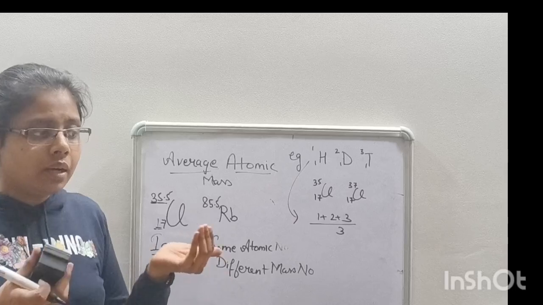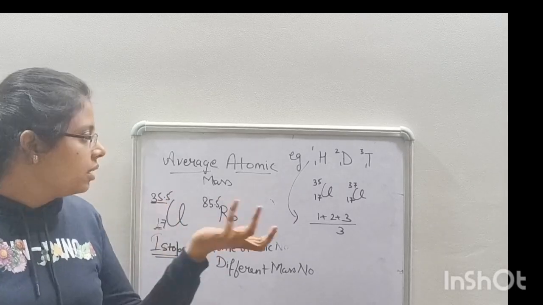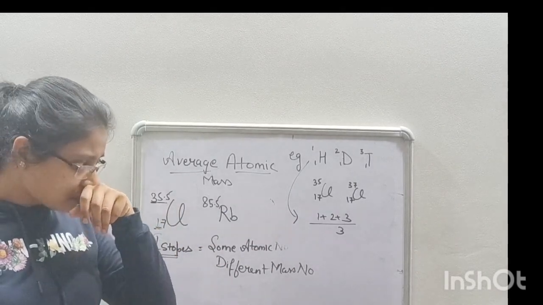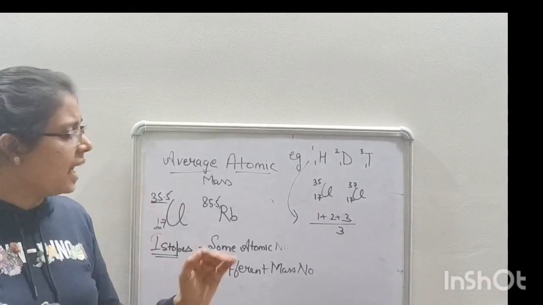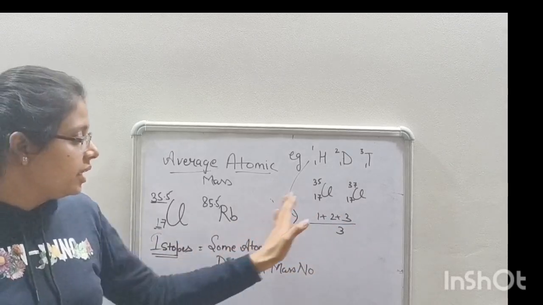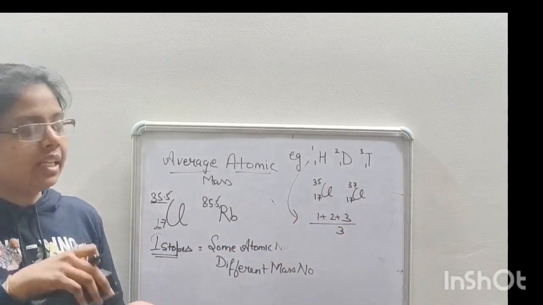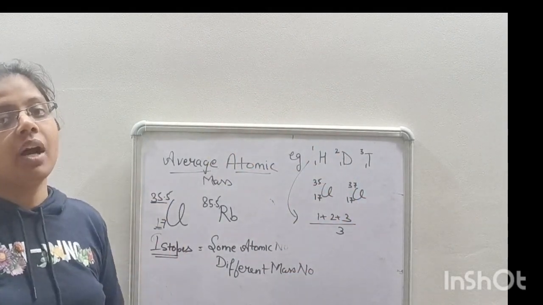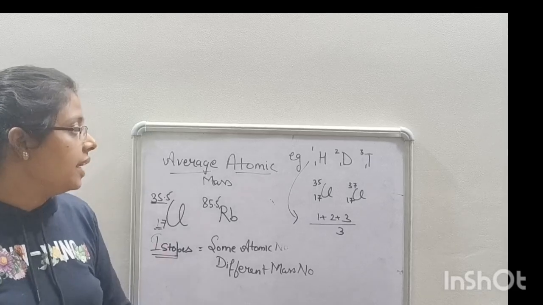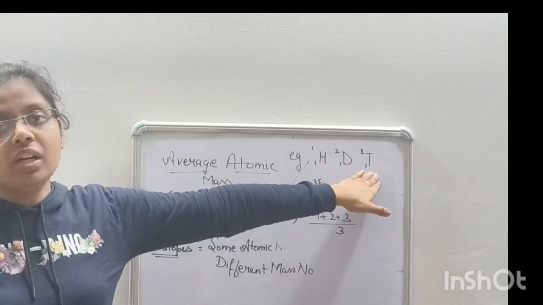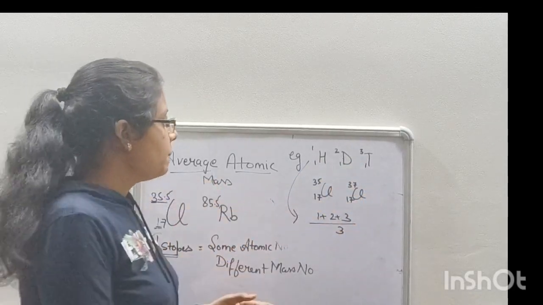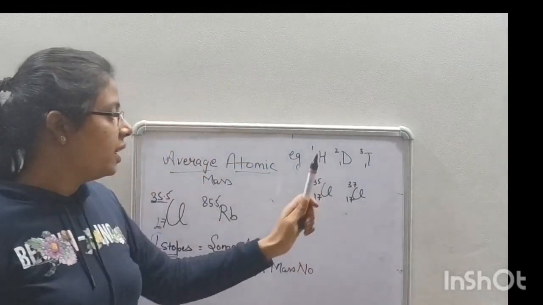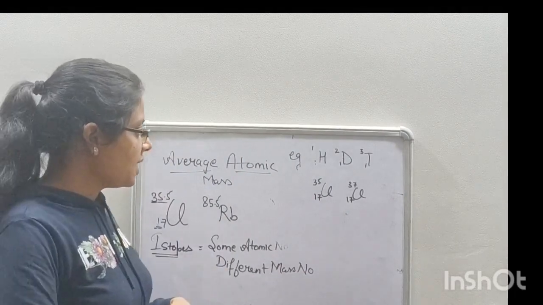And it's always true. If I take 10 atoms in my hand and they are all hydrogen, then I will take an average of the mass, if all of them are present in equal amounts. But if they are not present in equal amounts, then I will take their masses on the basis of abundance. Let's take an example of chlorine and hydrogen. First, the hydrogen.